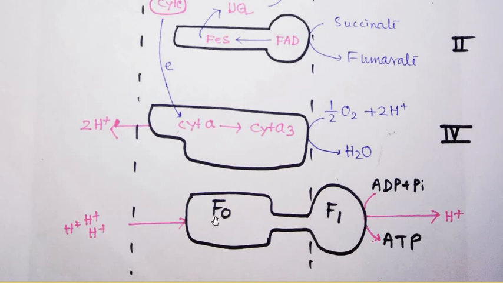H plus ions enter through this F0F1 or ATPase enzyme. The ATPase enzyme has two parts, the F0 part and the F1 part. The F0 part is the integral part of the inner membrane of mitochondria, and the F1 particle is located towards the matrix.